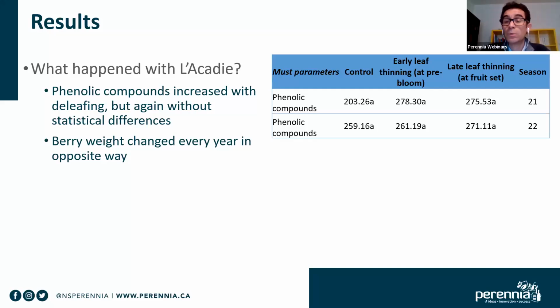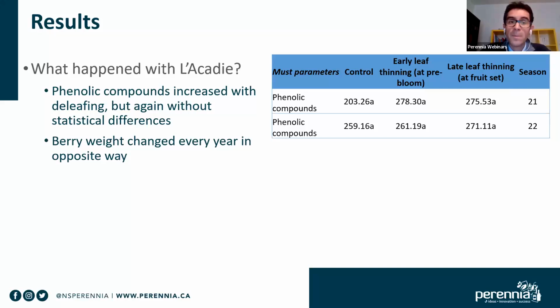Meanwhile, in 2022, all the treatments were quite similar. In 2021, we were able to keep everything managed the same way. But in 2022, there was some light deleafing by the vineyard crew. So that is one of the reasons why the numbers stay so similar.